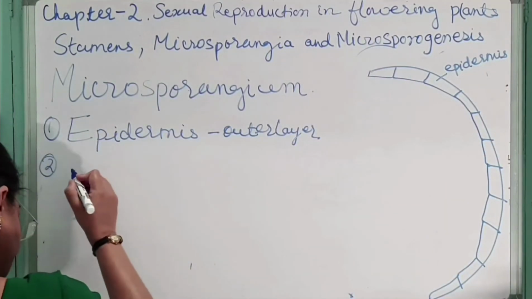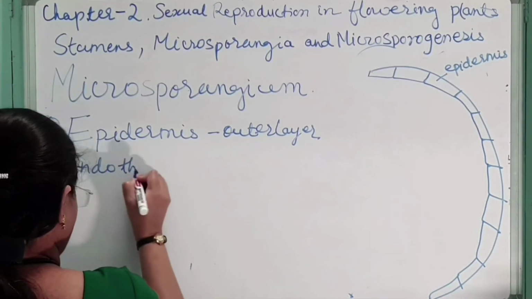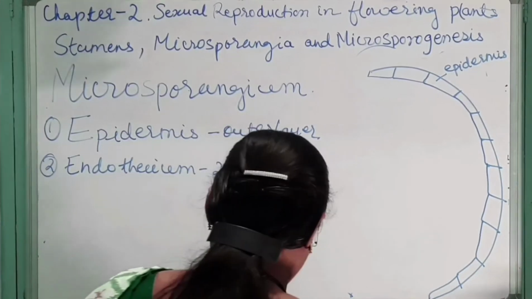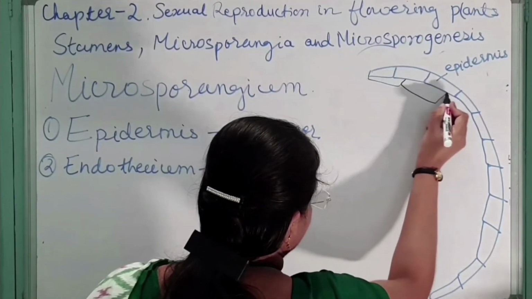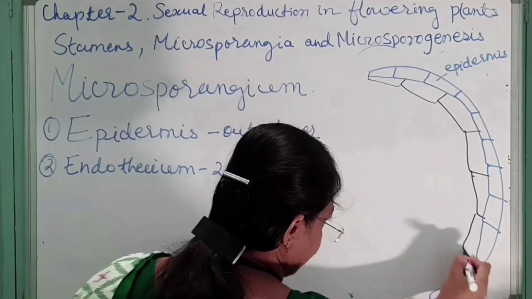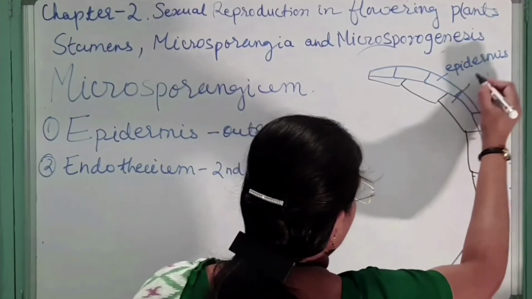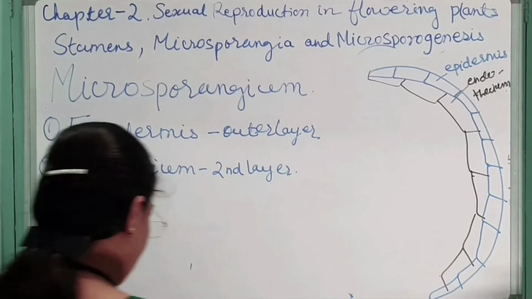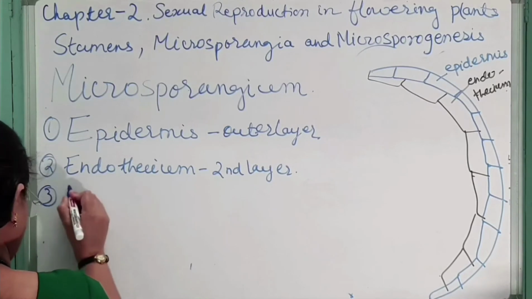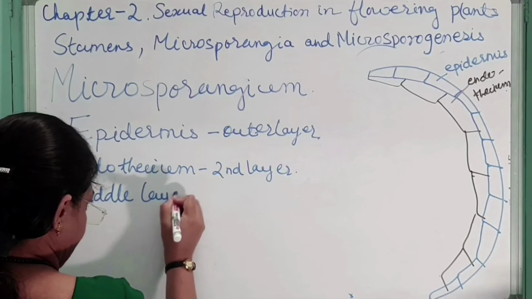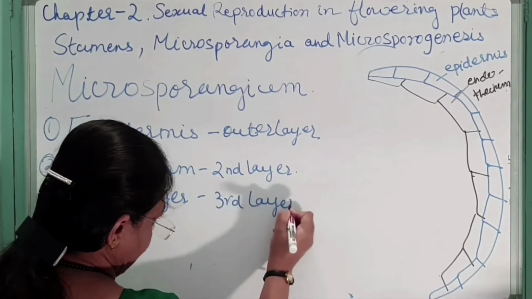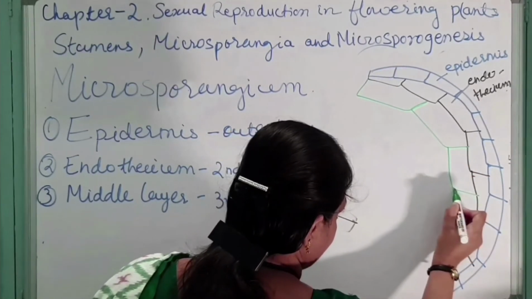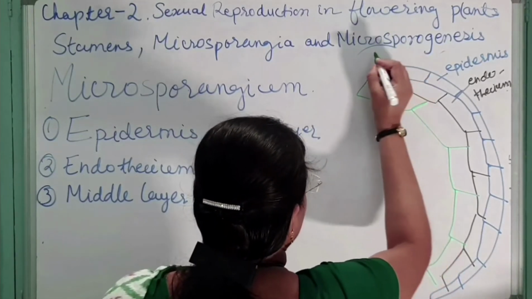The second layer is endothecium. Inside the endothecium, the third layer is the middle layer.